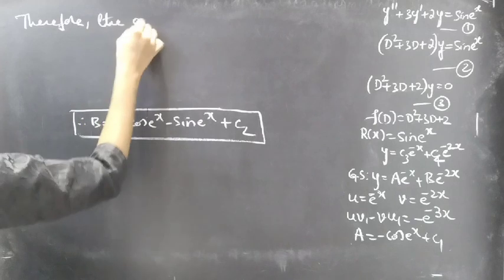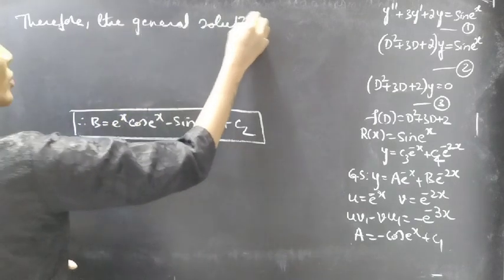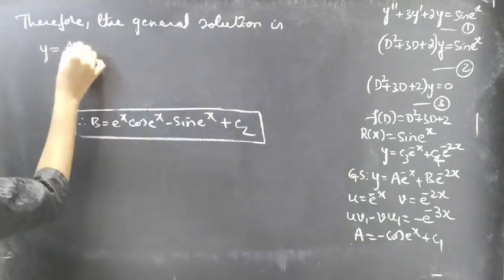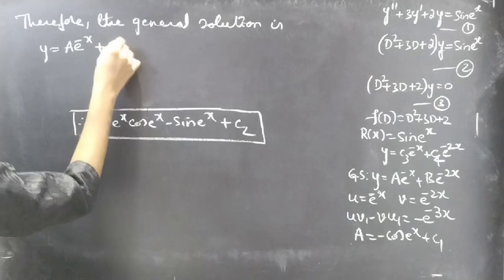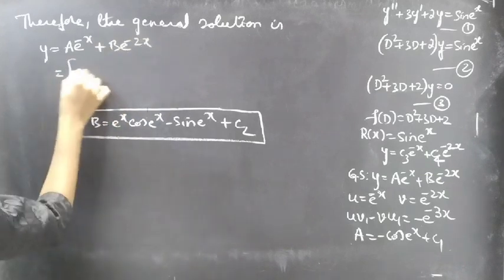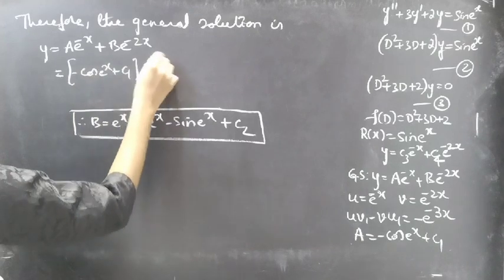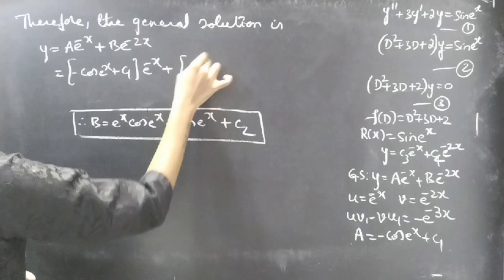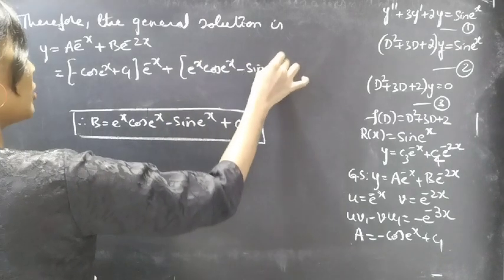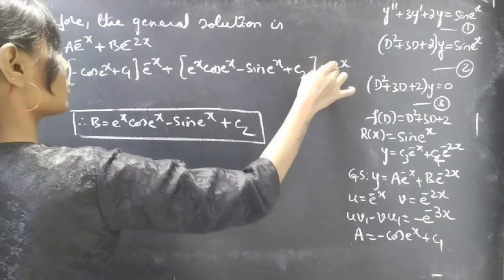Therefore the general solution is given by y equal to a e power minus x plus b e power minus 2x. Substitute a and b. We have minus cos e power x plus c1, into e power minus x, plus b, which is e power x cos e power x minus sine e power x plus c2, into e power minus 2x.